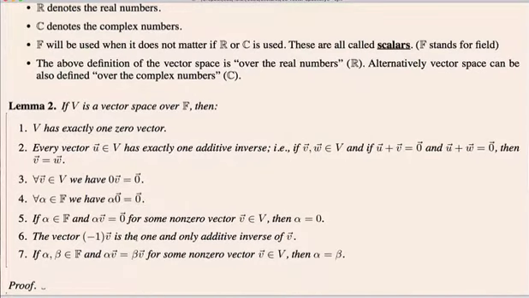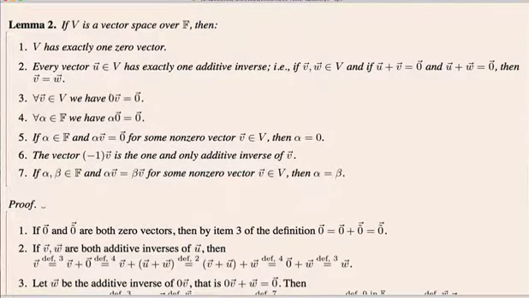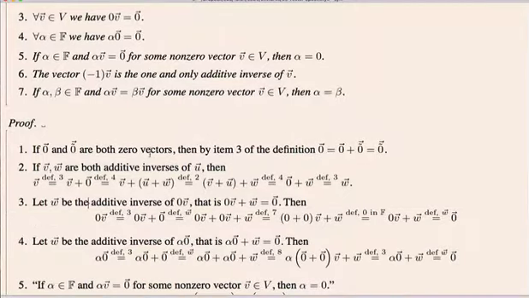Property 3 says that the scalar 0 times v is the zero vector. So we have this vector v, and then the 0 times v vector. Let's denote its additive inverse by w, which means that 0 times v plus w equals the zero vector. Then, starting with the 0 times v vector, we use definition part 3, which says that we can add 0 to this and it doesn't change.